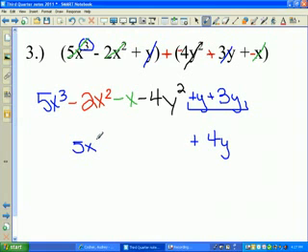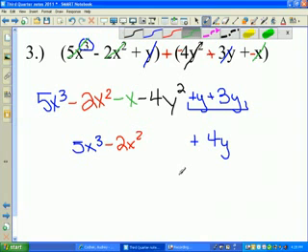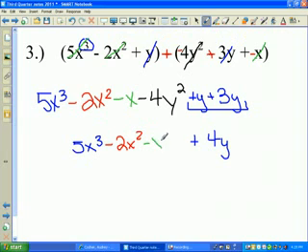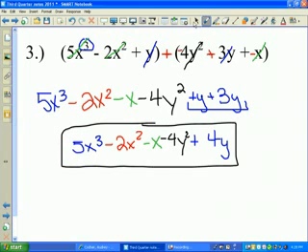So my 5x to the third is coming down, my negative 2x squared is coming down, and my minus x, and lastly, my minus 4y squared. So in fact, this is my solution.